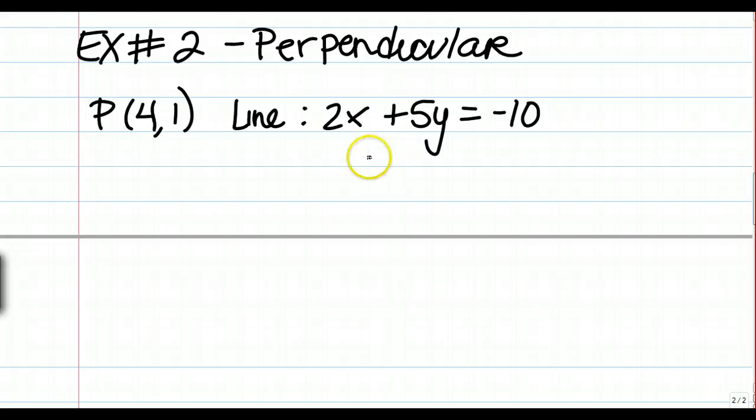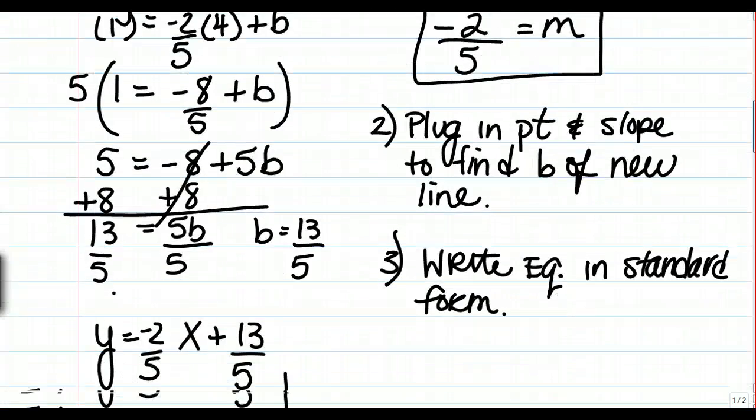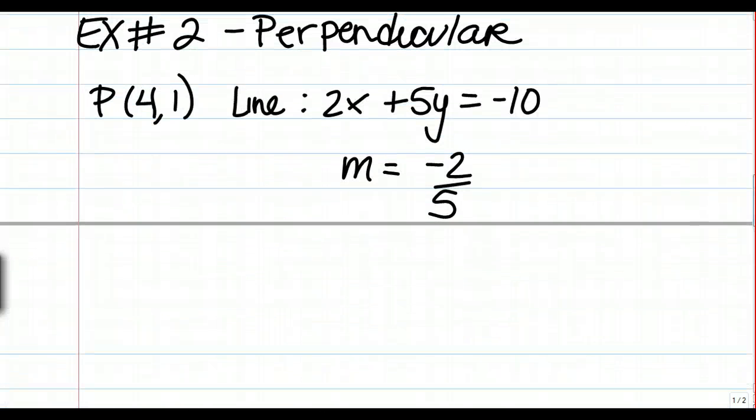Okay, so we found that our slope was negative 2/5. That hasn't changed, has it? So we have to find our slope, which was step number 1: find the slope of the old line, and we know it's negative 2/5. But we need to find the perpendicular slope because we are finding the perpendicular line to this one. So I know that I flip my fraction and change the sign, so now it's a positive.